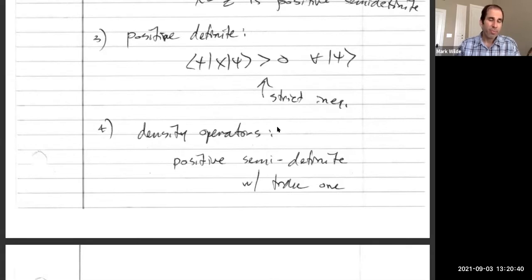That's how you embed all of probability theory into quantum probability or quantum information, so to speak. But quantum information allows for richer possibilities because the off-diagonal elements can be non-zero. And when that happens, those off-diagonal elements correspond to what are called coherences.